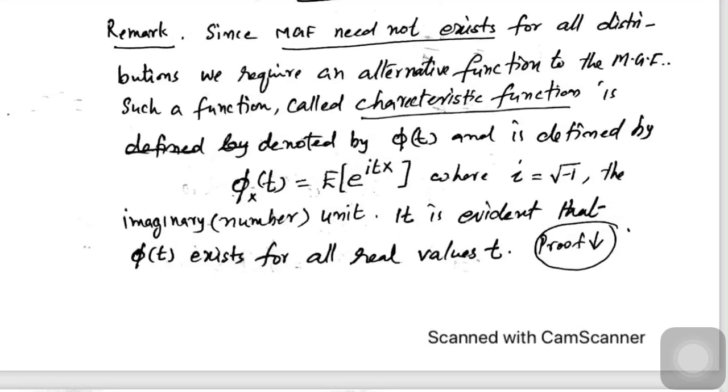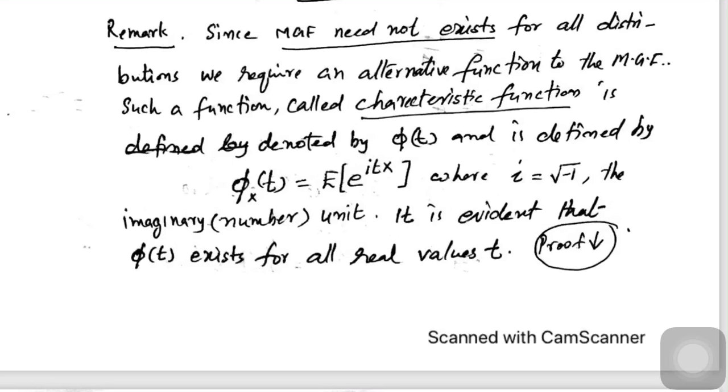We have discussed the moment generating function in the last class, and we have argued that the moment generating function need not always exist. That means there are some distributions for which the moment generating function does not exist.